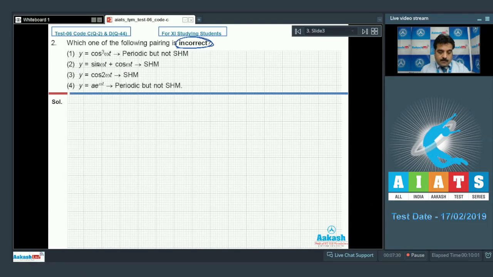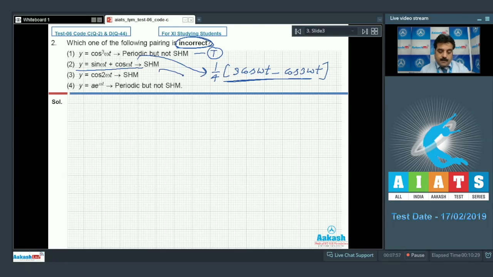So if I go for option number 1, so we know the formula cos cube theta, we'll write 1 upon 4, 3 cos omega t minus cos 3 times of omega t. So this formula will indicate it is periodic but not SHM. So statement will be true, right?